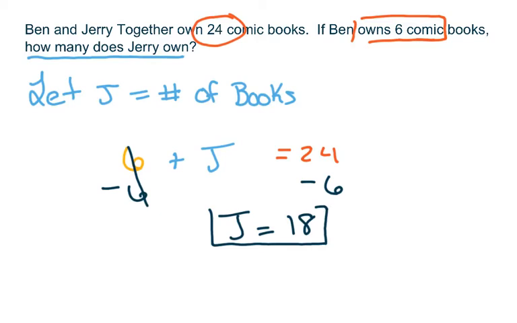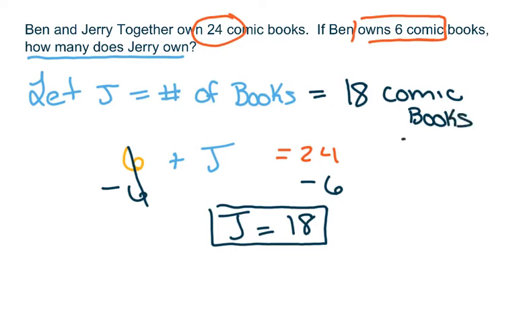Okay, so when we are solving a word problem, we also have to actually answer the question. So this means Jerry owns 18 comic books. Okay, we need to make sure that we are labeling it. So there's our first problem.